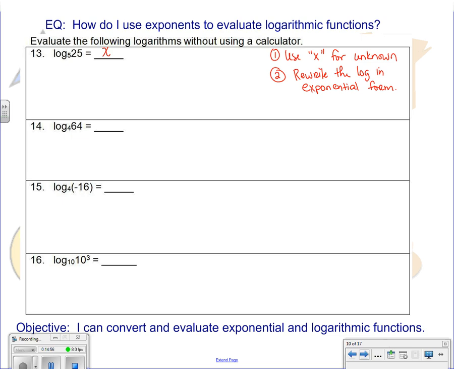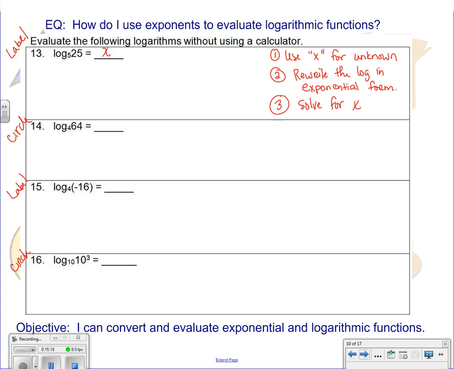So I'm still going to follow my same pattern. Odds, I'm using label. Evens, I will do the circle. You are choosing whichever method you prefer. And then the last thing we will do is we will solve for x.